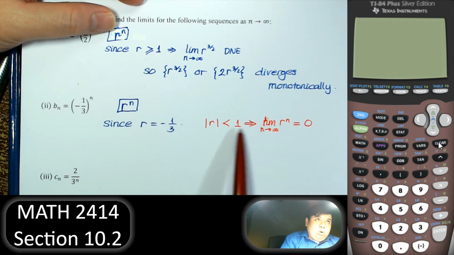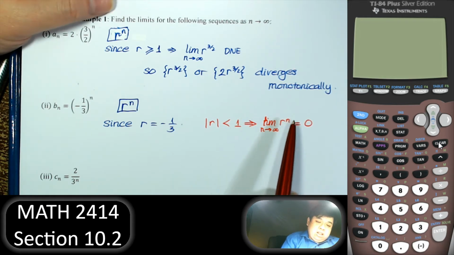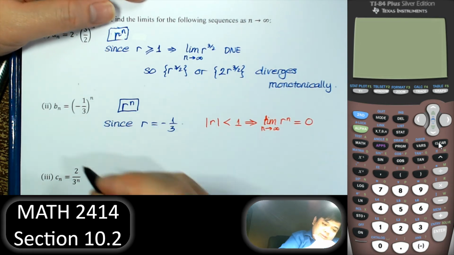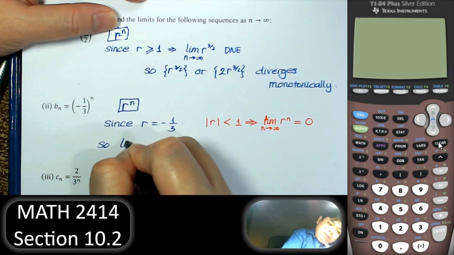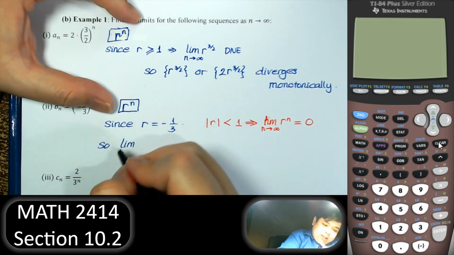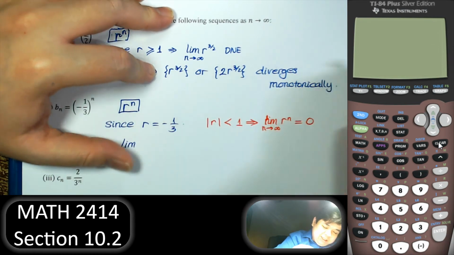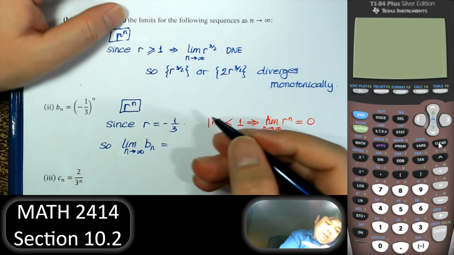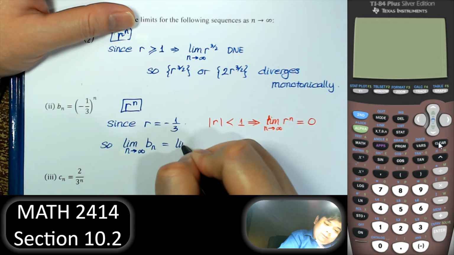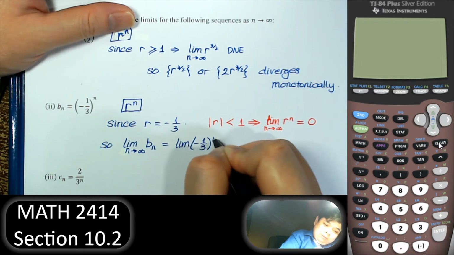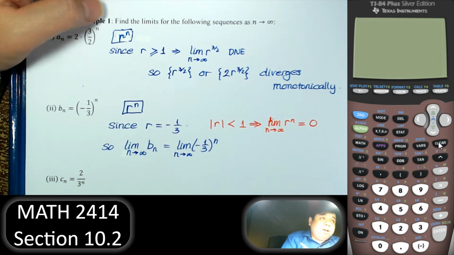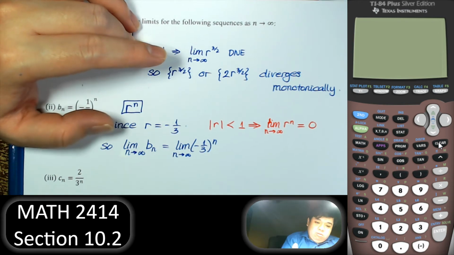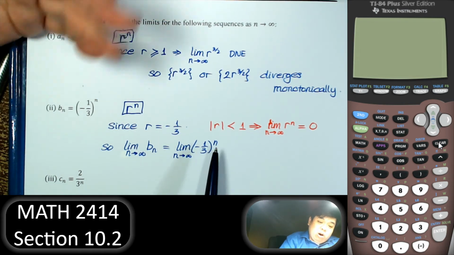So if it goes to 0, we say that the sequence has the limit, and that equals 0. So r to the n, if r is bigger than 1, diverges, or less than -1 also diverges.